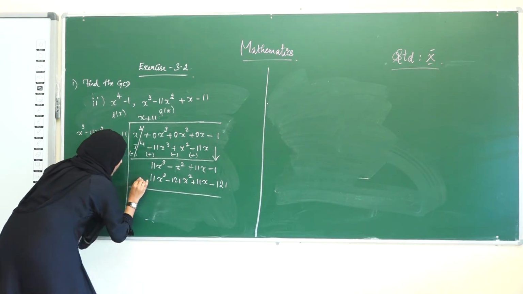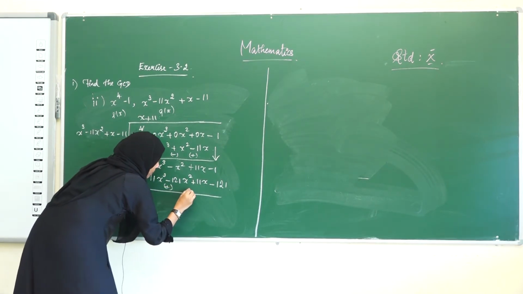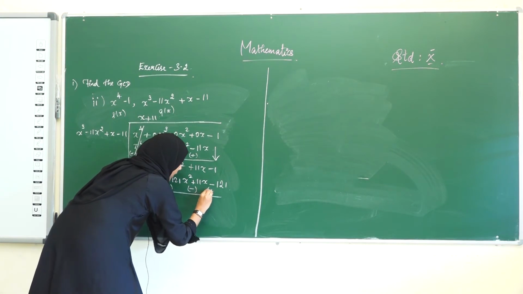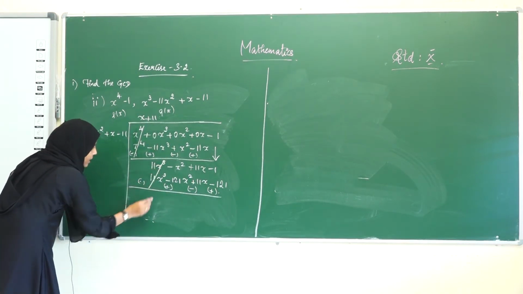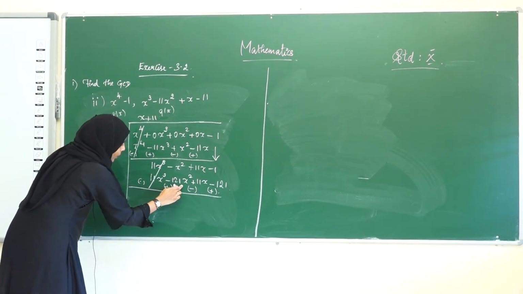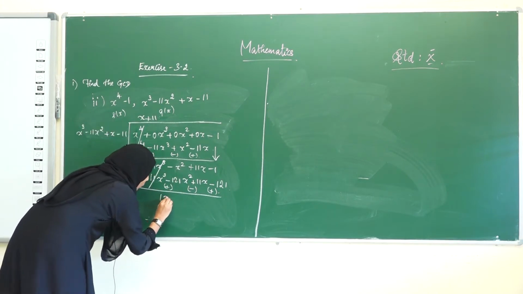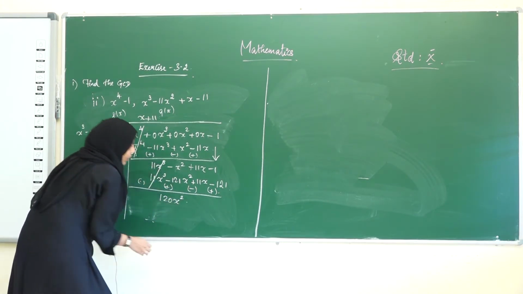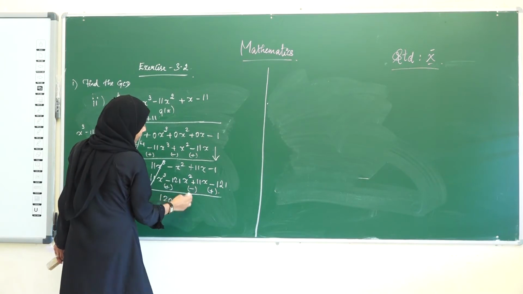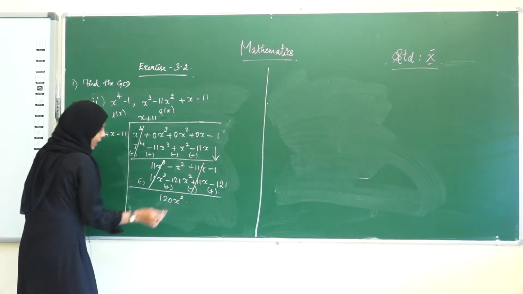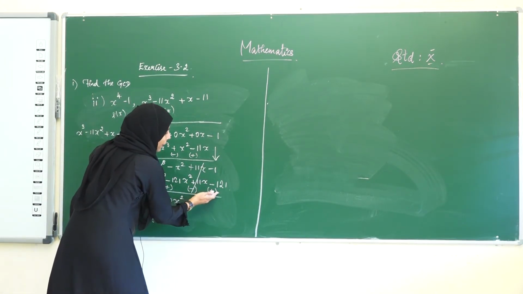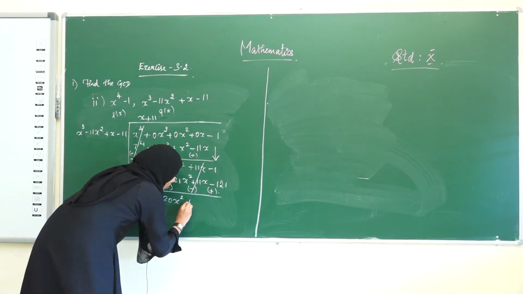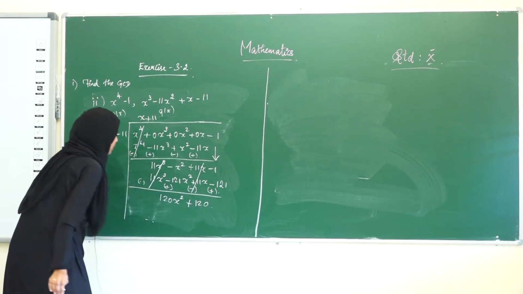Okay, again we change the symbol. Here minus, here plus, here it becomes minus and here it becomes plus. So this term gets cancelled. Plus 121x square minus x square becomes 120x square, and here see plus 11x, here it is minus 11x, this term also gets cancelled. Here minus 1 plus 121 is equal to plus 120.